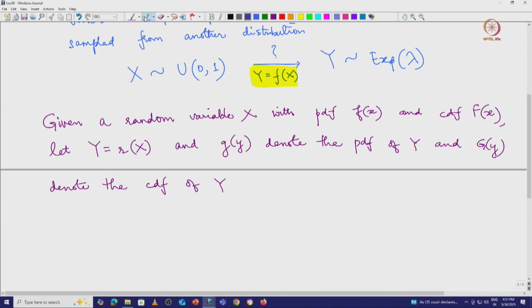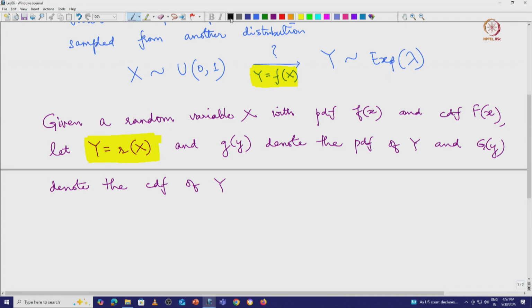So, essentially we are postulating that there is a function r which can convert the random variable x to a random variable y, and then y will have the desired distribution that we want.